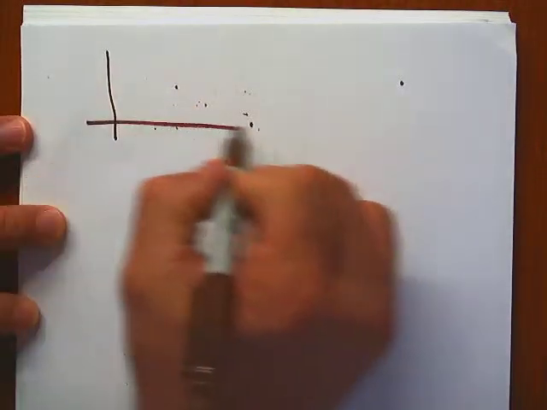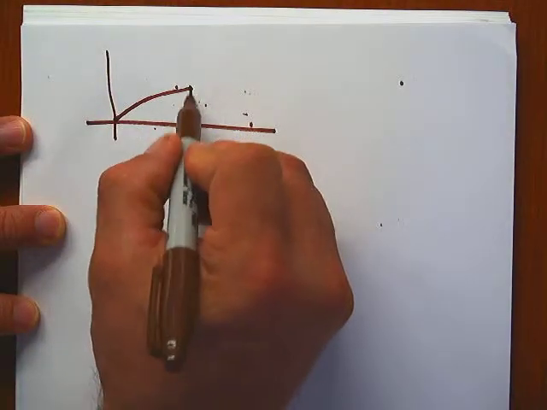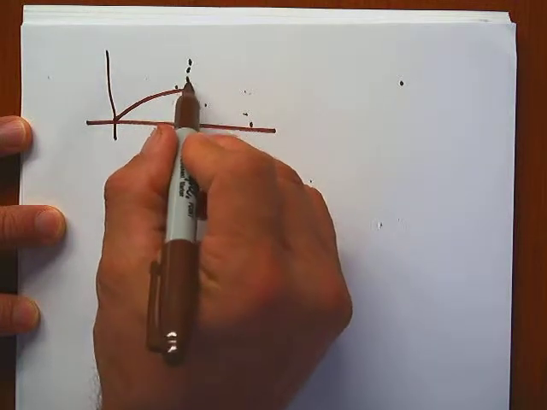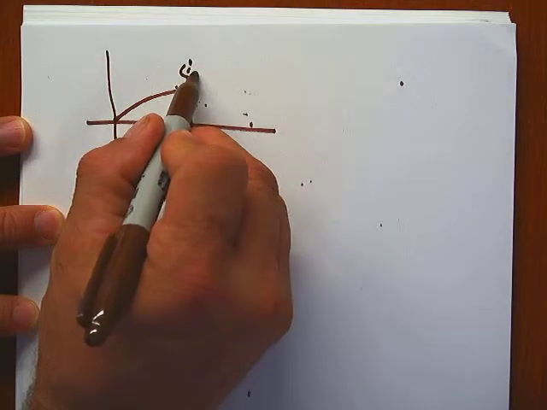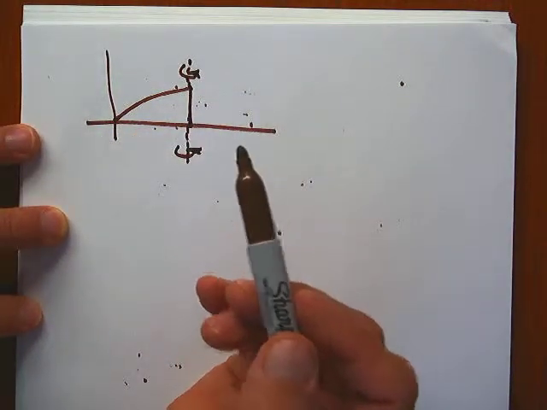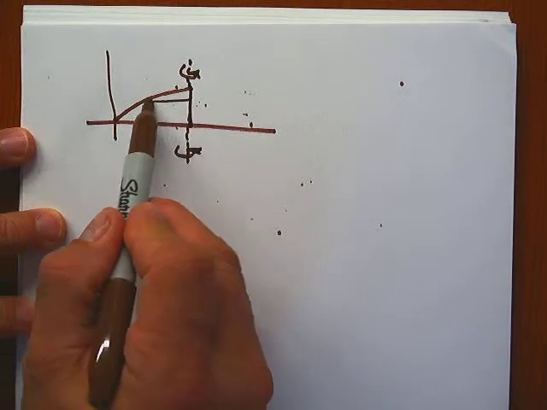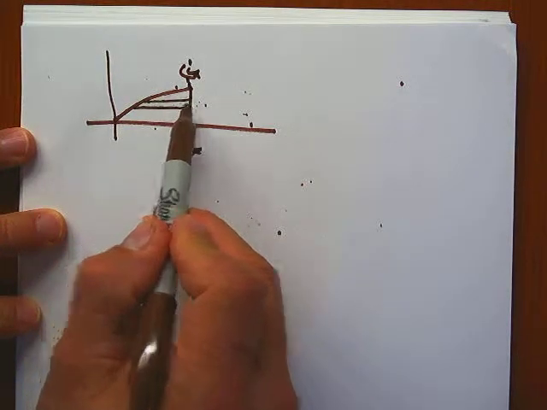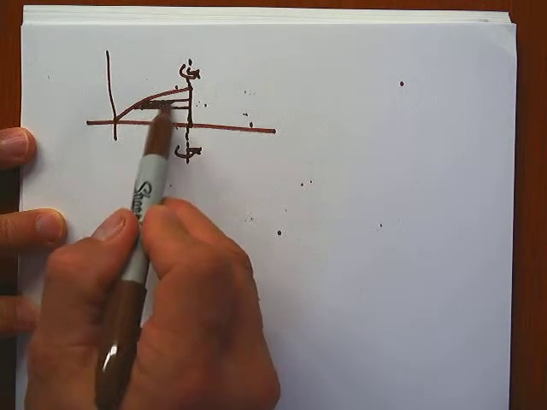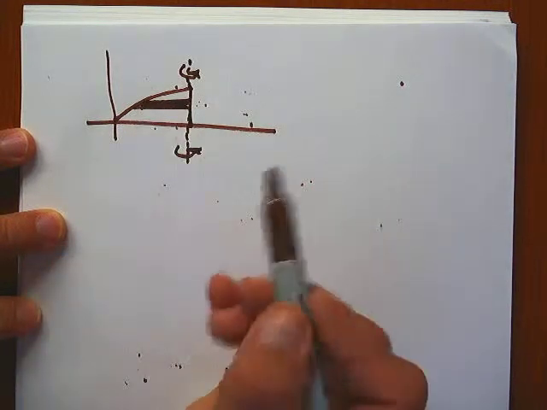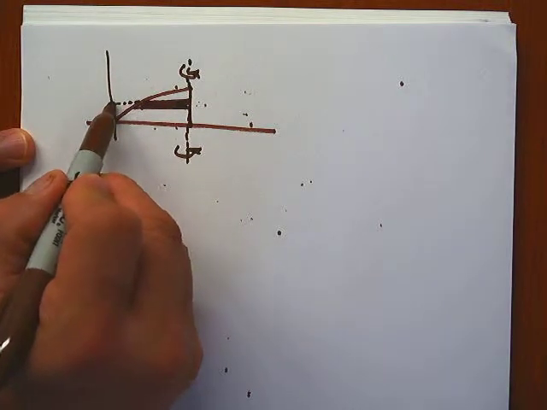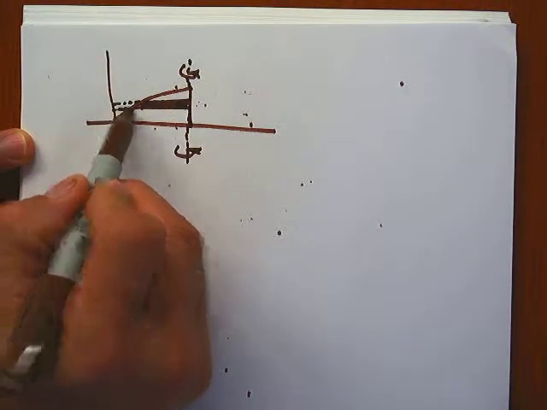Now, C is going to be around the axis x is equal to 3. So now we've got our drawing. Now we're revolving around this way. The important thing here is that you draw your dy right here. I'm just going to shade that in because that's what's actually taking the volume.